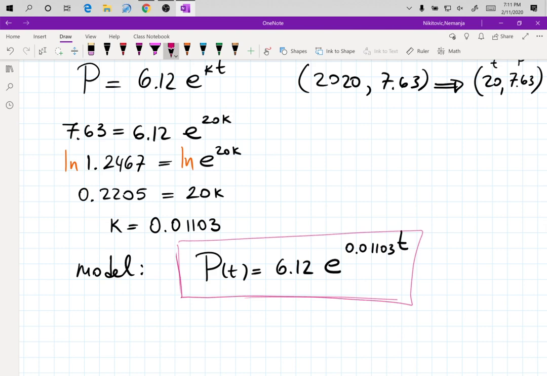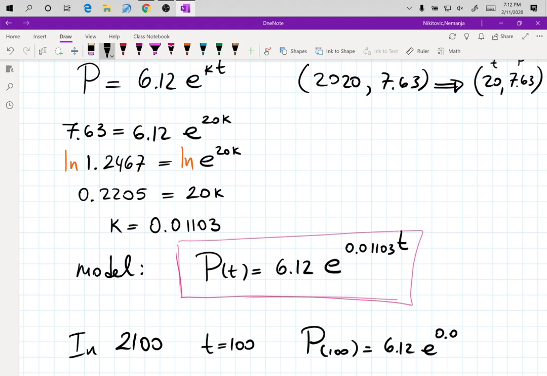Now, Rory wants to know what is the population in year 2100. So in 2100, we have t equals 100. So I have to calculate p of 100, which is 6.12 e to the 0.01103 times 100.